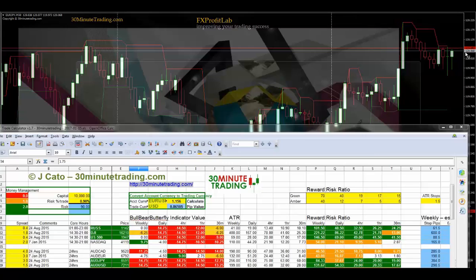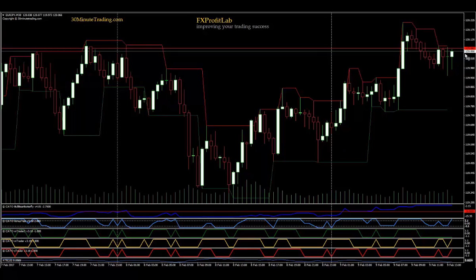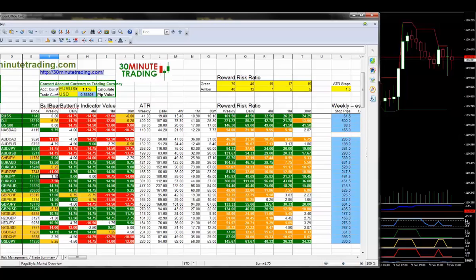So let's just bring up the calculator again. I've just brought the calculator over the top of this. Let's go back to this, okay, 120.02. So we put in 120.02 in there. And now we're going to start with the 30-minute.